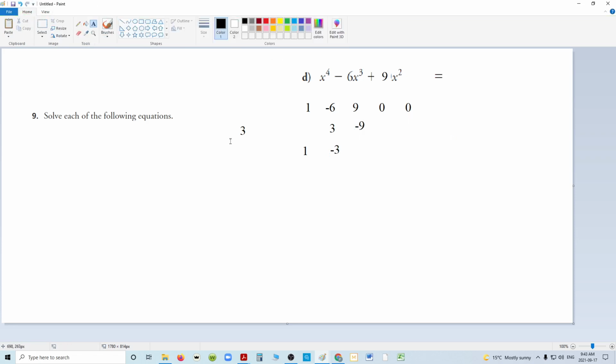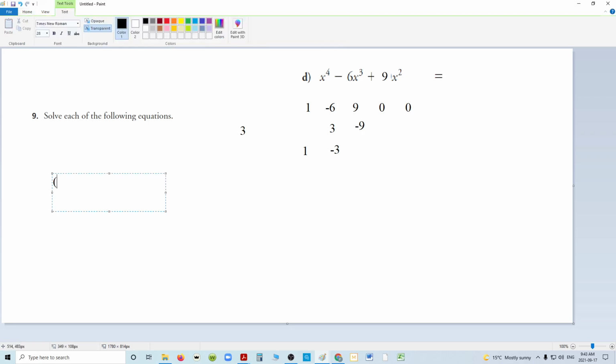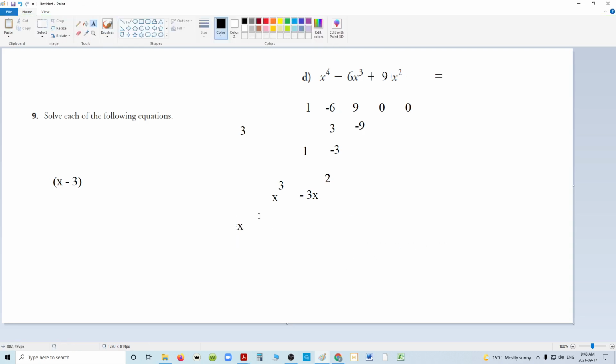So you might say, what the heck is that? That's 1x cubed minus 3x squared. So that means x minus 3 is one of the factors. But I'm left with x cubed minus 3x squared. And of course I should have realized that I can factor out an x squared in the beginning, because look up here. I could have just started with that and factored out an x squared.